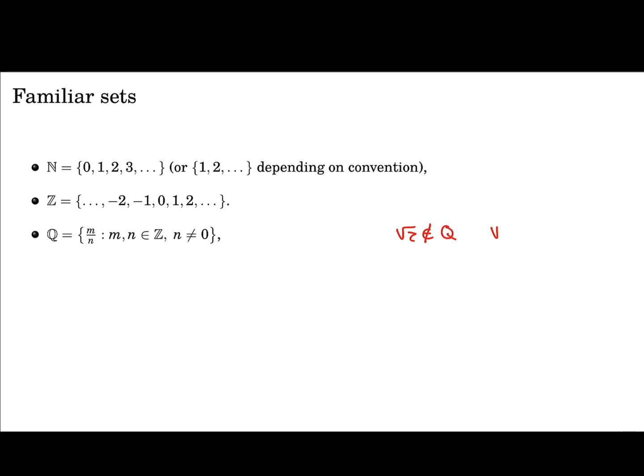It does, however, belong to the real numbers. The real numbers are all the rational and irrational numbers. They're not as simple to define in the way that is written here, but you've seen them probably in your calculus course, in your algebra course, and maybe other courses. Defining them, you should do an analysis course.